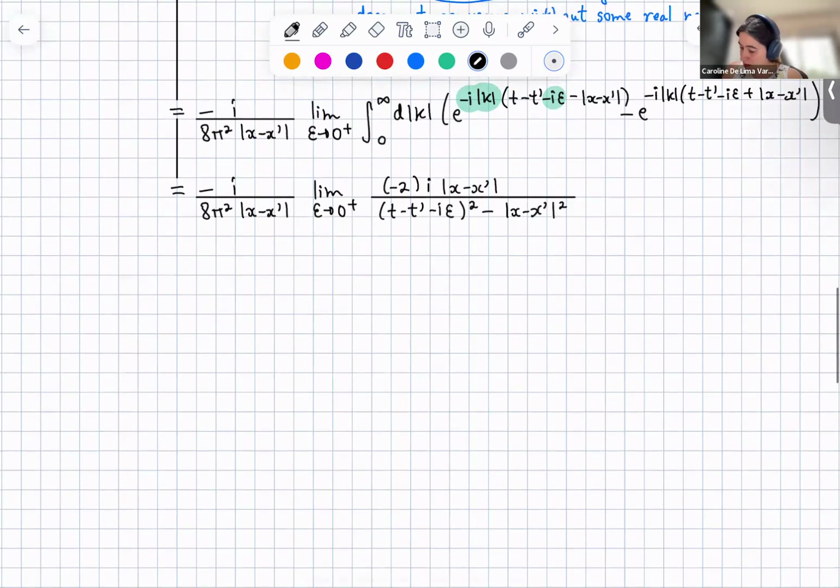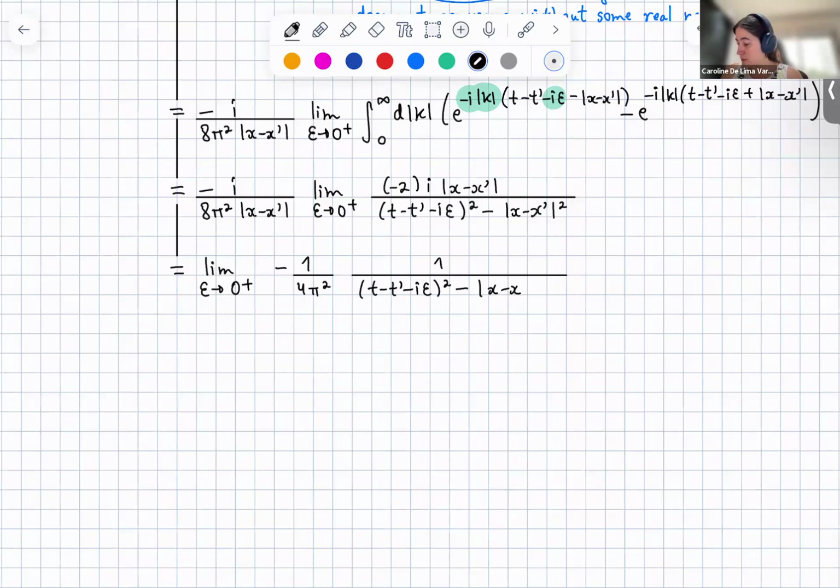And I can simplify this. That's just the limit when epsilon goes to 0 from the right of minus 1 over 4 pi squared times 1 over t minus t prime minus i epsilon squared minus x prime norm squared. Okay, so this is the final result.